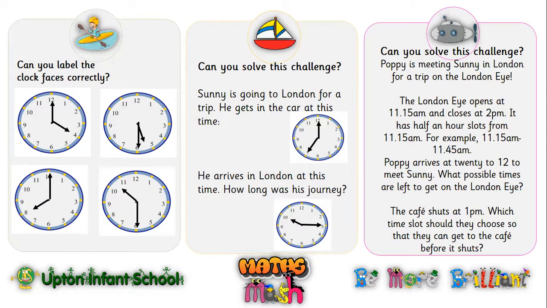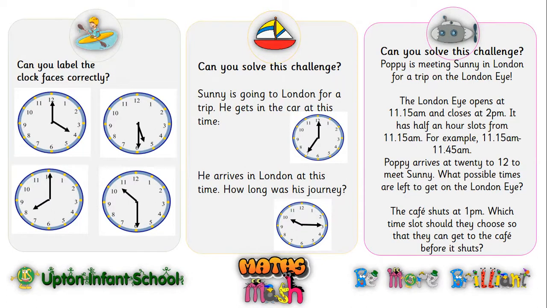And a half-an-hour slot, for example, could be 11:15 to 11:45, which is what I've put on the screen. Now, Poppy arrives in London at 20 to 12 to meet with Sunny. So she's already missed that 11:15 slot. So what possible times are there left to get on the London Eye?